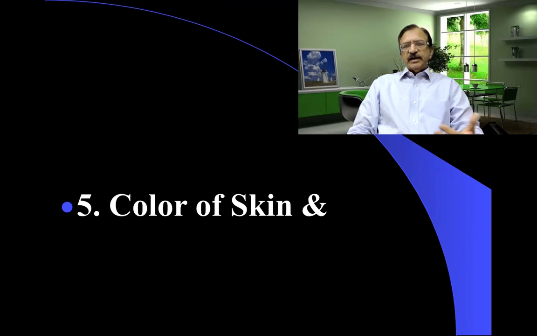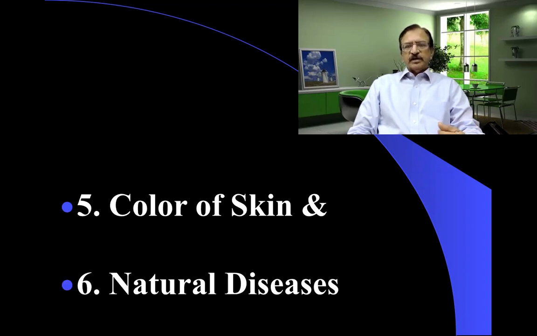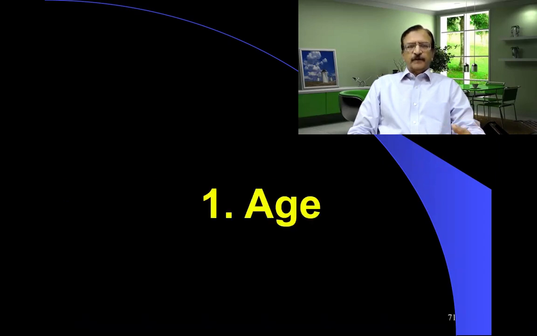Color of the skin, that the person is fair colored or of dark complexion, and if having some natural disease, and that disease may be either of the blood vessels or the blood clotting or any other general disease which interferes with the clotting or the hemorrhagic phenomena.